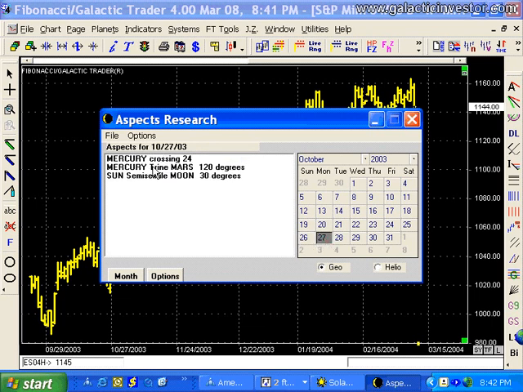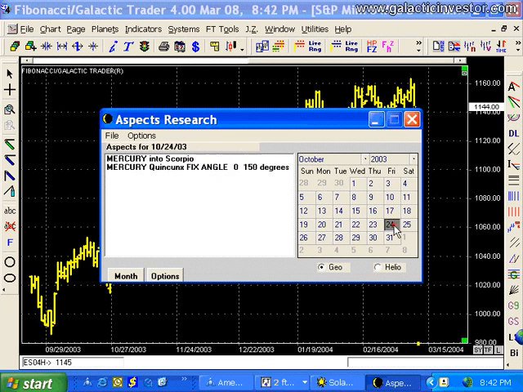On the 27th, we have Mercury trine Mars, Mercury crossing the 24 line. So there's a lot of aspects happening here that we can put on the planetary lines that could represent what the low was.